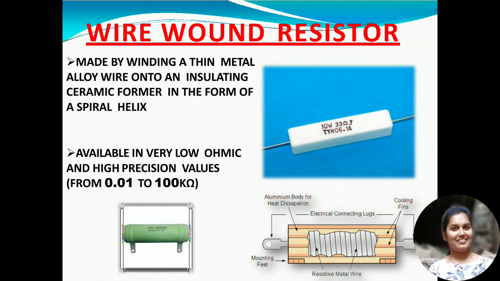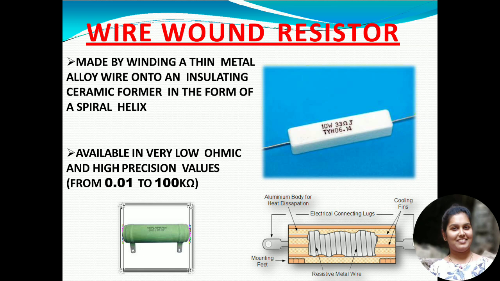Next one is wire wound resistor. As the name suggests, wire wound. It is made by winding a thin metal alloy wire on an insulating ceramic former in the form of a spiral helix. So we just take an insulating material on which we wind the wire.